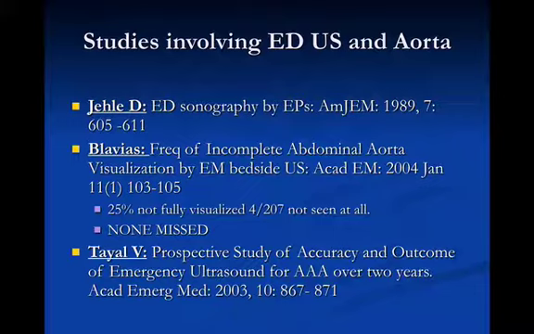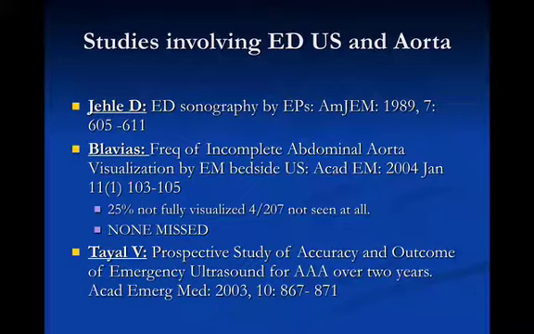The first studies involving emergency ultrasound and the aorta, Yaley did an ED sonography by emergency physicians in 1989 and showed a very good sensitivity and specificity of this exam.